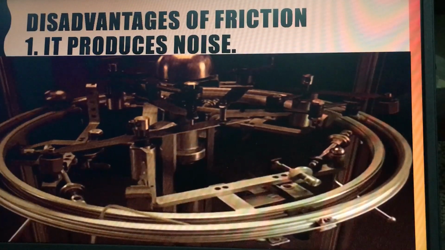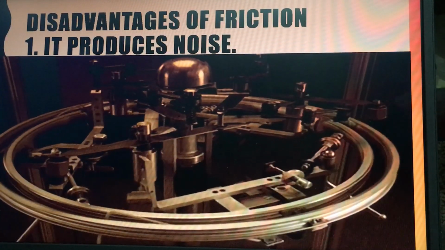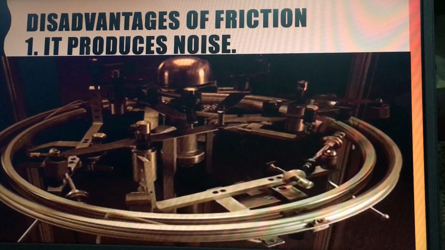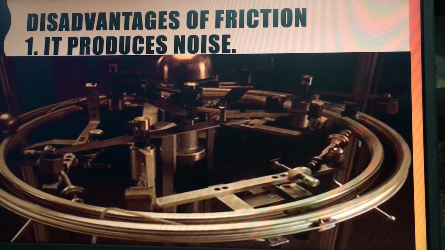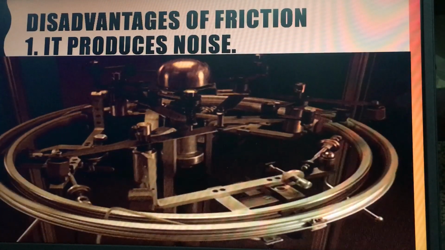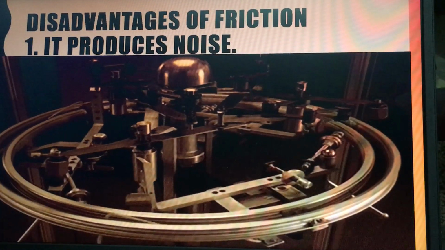Noise means unpleasant sound, which is very unpleasant to our ears. We don't like it, and many times the sound of these machines becomes the cause of noise pollution. So this is one of the disadvantages of friction.